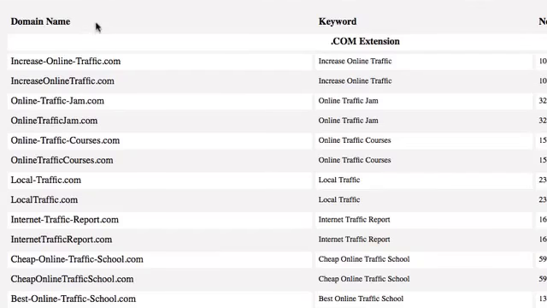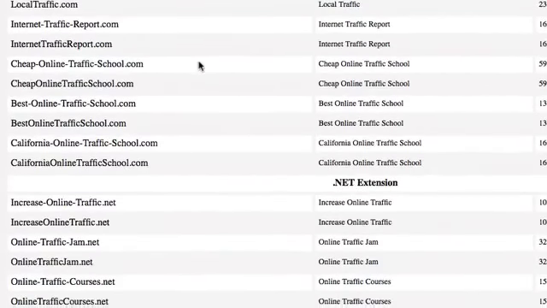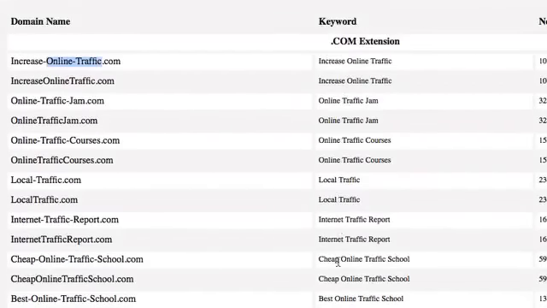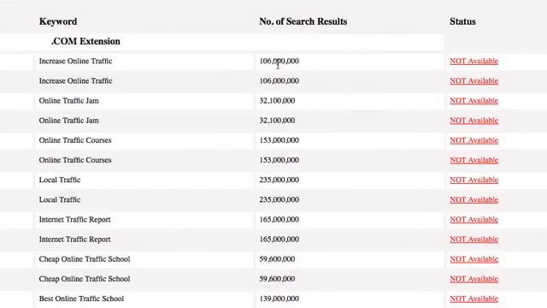Here's a listing of all the domain names with the words I've chosen as keywords, the number of results people are looking for, and the status of the domain.